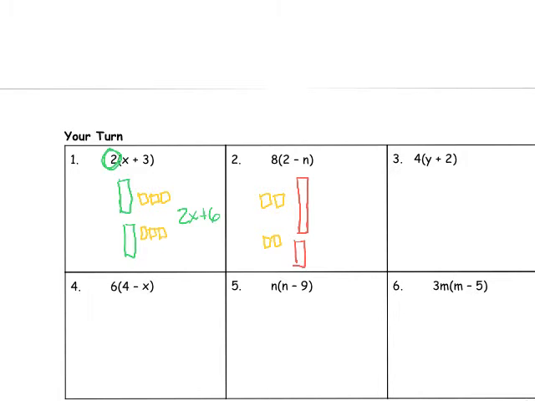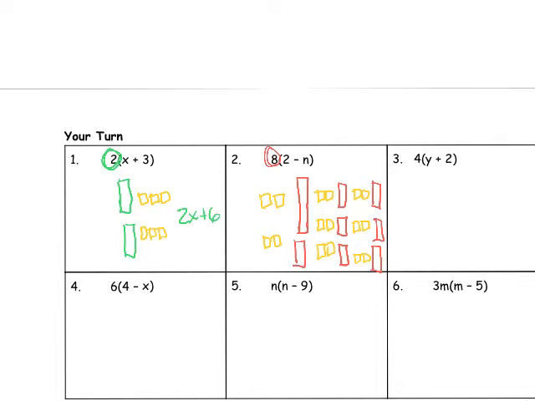All right, that's 2, and negative x, or negative n, the negative variable, 8 times.